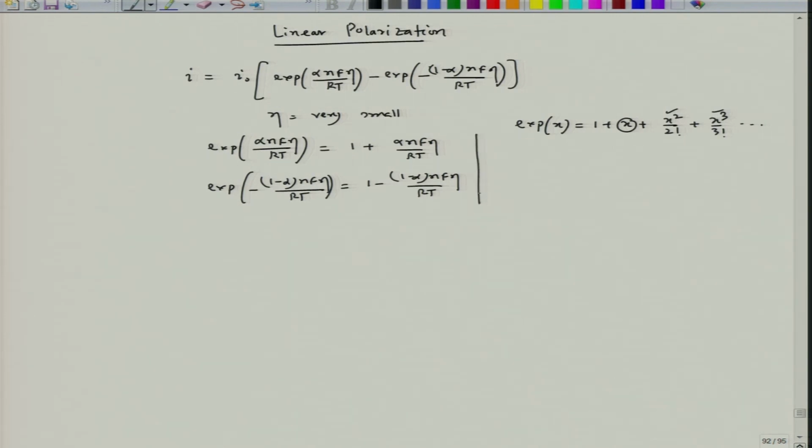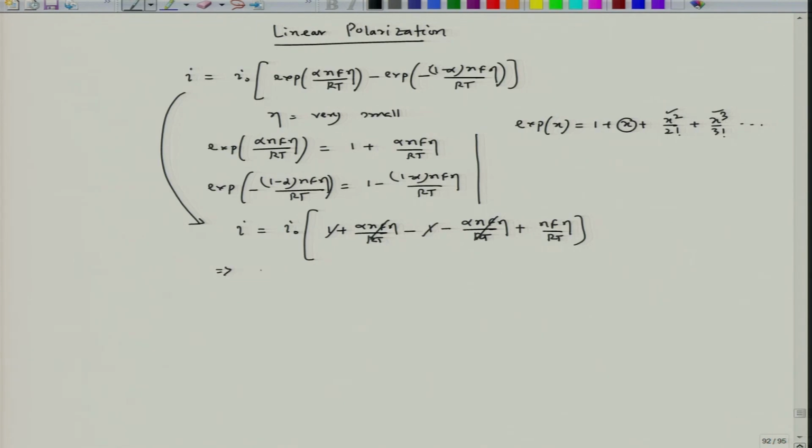If we take only the first two terms, it becomes 1 plus alpha n F eta by RT minus 1 plus (1 minus alpha) n F eta by RT, so all the other terms cancel.